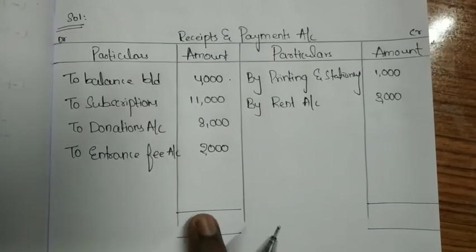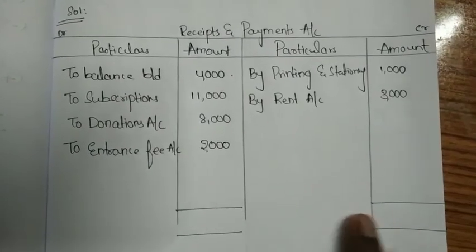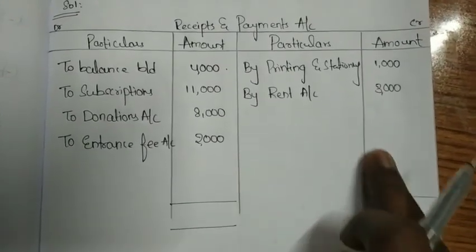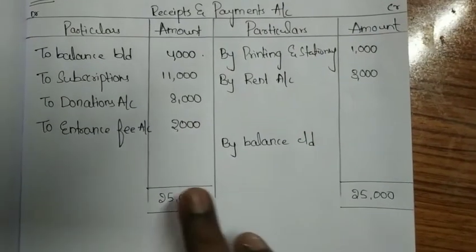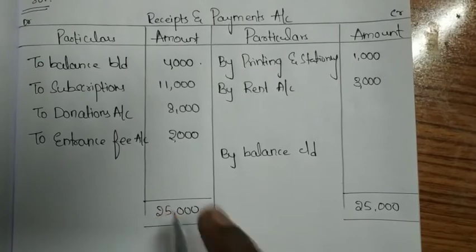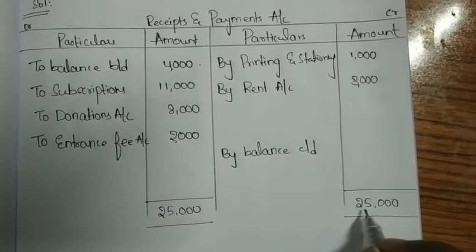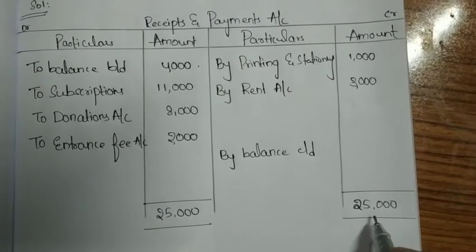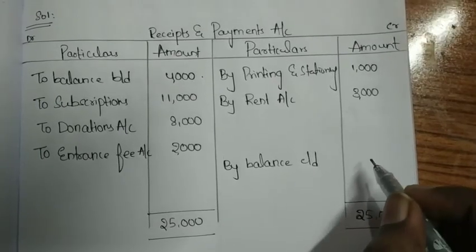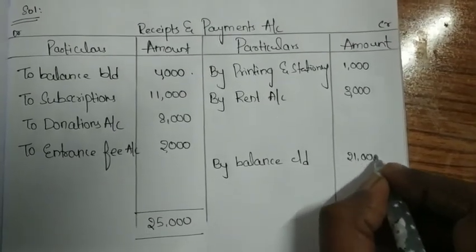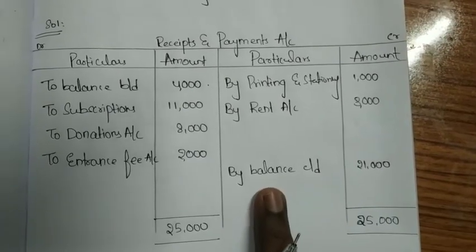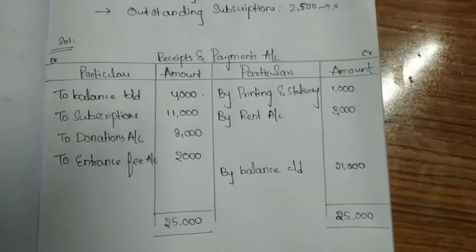So if you can see, the debit side total is more, that means the balancing figure what we are getting is a closing balance of cash. See, on the debit side, I am getting a total of 25,000. I am carry forwarding that amount to the opposite side, 25,000. Balancing figure, I am getting it as 21,000. So this 21,000 is the closing balance of cash. So this is how we have to do the problem.